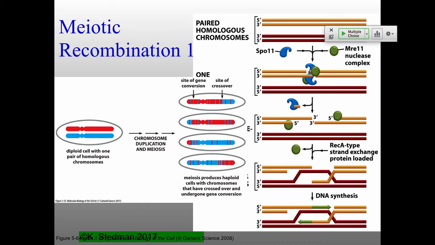So this recombination process seems to be one of the real major reasons that you have sexual reproduction. And this is just shown here, where you have a diploid cell, meiosis happens, and then you end up with mostly one parent, in this case the red parent, and a little bit of the blue parent, but also these other little pieces back and forth across these.